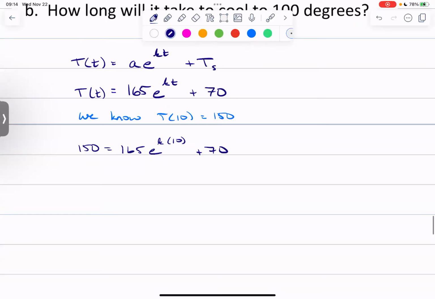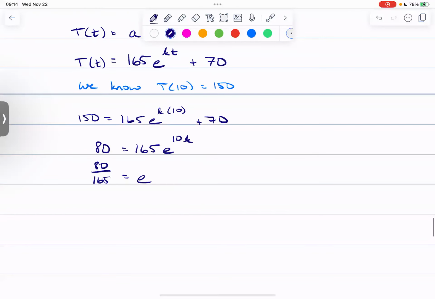Subtracting 70 from both sides, I get 150 minus 70 is 80, which is 165 e to the 10K. 80 divided by 165, same rules as always, we need to get the exponent on its own. So 80 divided by 165 is nothing nice, so I'm just going to keep it like that for a little bit longer, is e to the 10K.